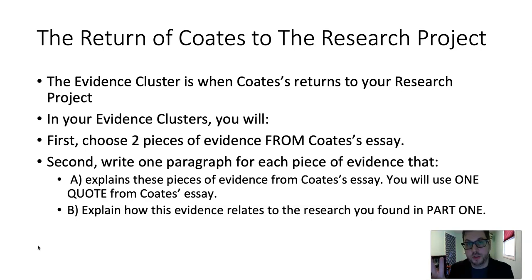Once you have selected these 2 pieces, you will use one quote that describes this evidence, and then explain why this quote is important and how it connects to something stated in the research. All right? So you will find 2 pieces of evidence. These will then be quoted, which you will then analyze and connect to the research that you have found.